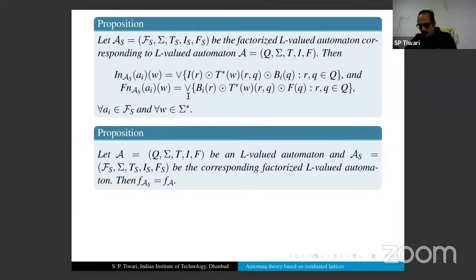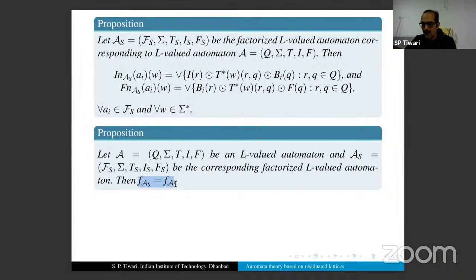Now the question is, when we are constructing a language corresponding to a factorized automaton, what extra are we gaining? So the answer is that if, corresponding to an automaton, we are using the theory of residuated lattices and constructing a factorized automaton, then in power they are equivalent, meaning that they will accept the same language.